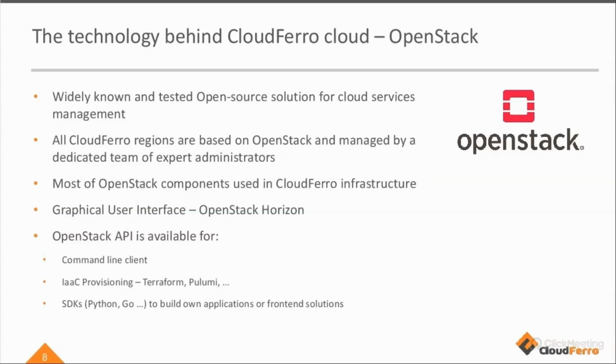This GUI is named Horizon, and it's also available through the application interface. So you can use OpenStack through the command line. You can use infrastructure as code provisioning tools like Terraform or Pulumi, or even use direct provisioning from an application written in languages like Python or Go and others, because there are dedicated SDKs.